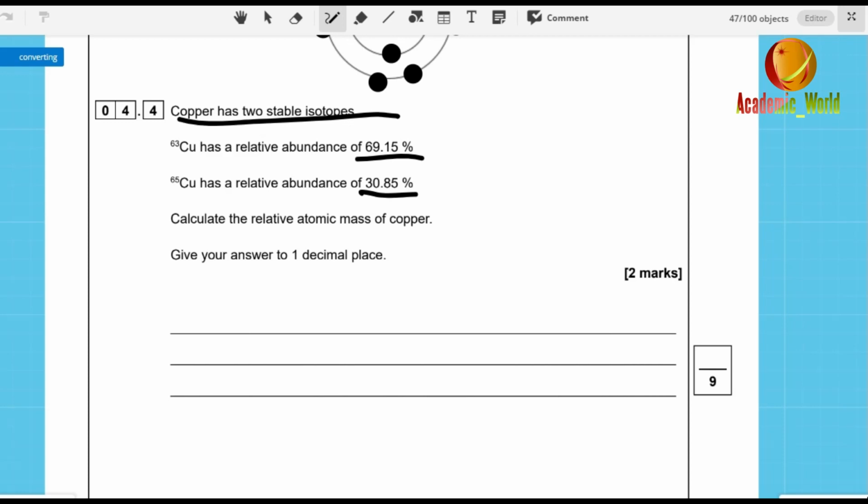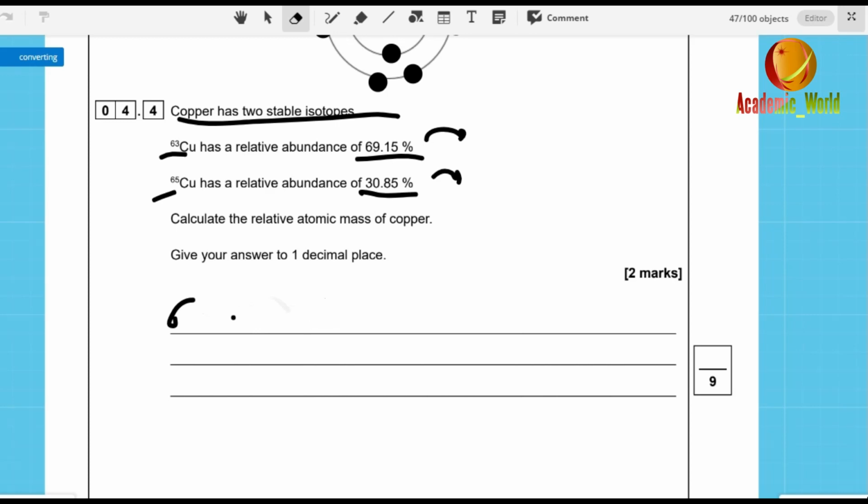First of all, take the percentage and multiply it by its atomic mass. The first case is 69.15% times 63, so you have to convert into decimal form.